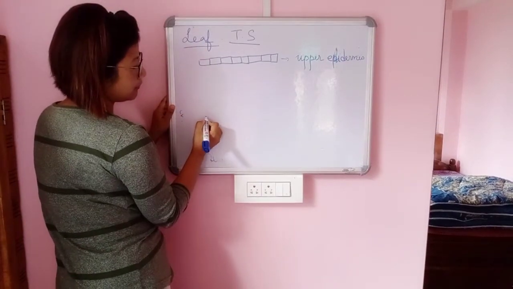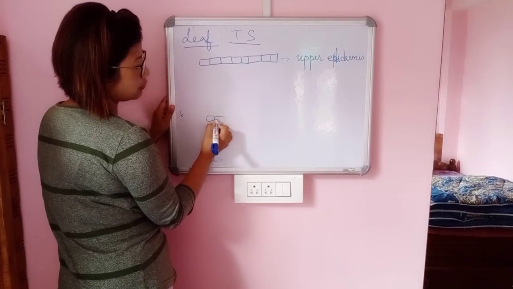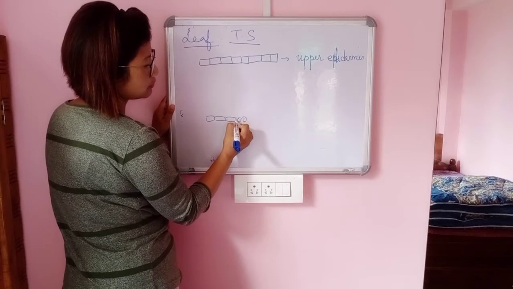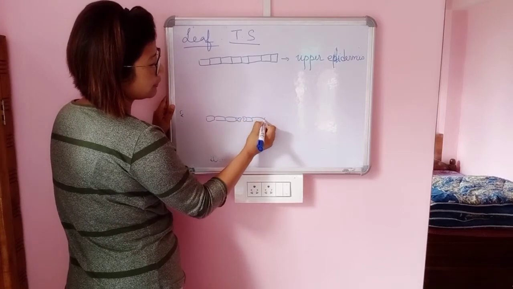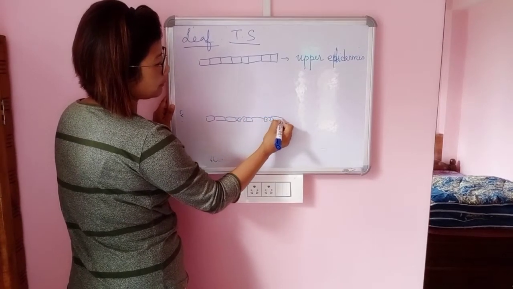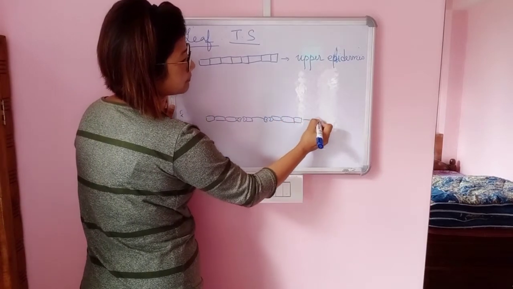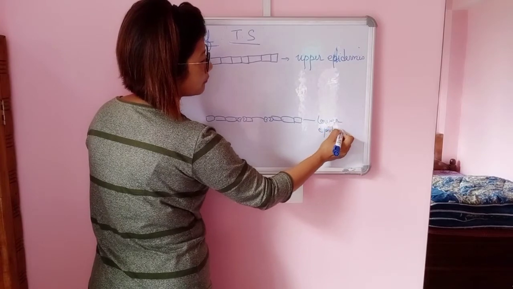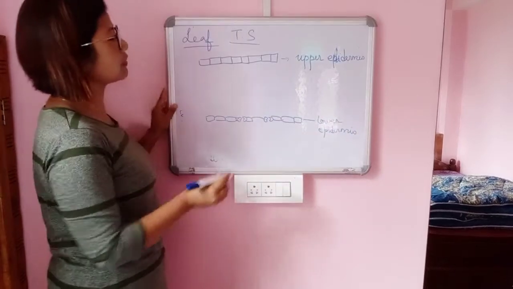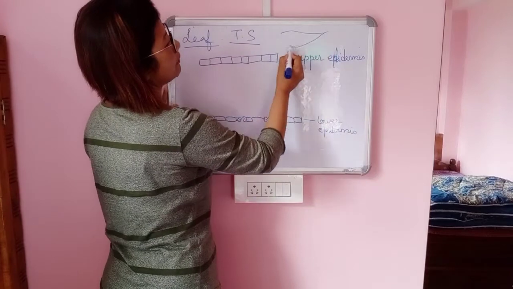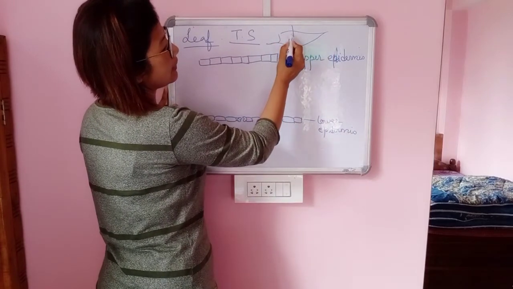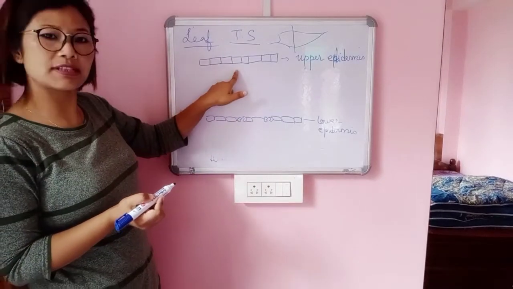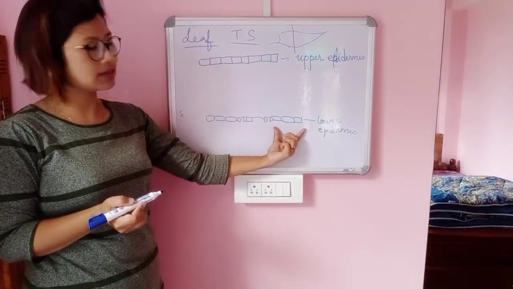Okay, and they have cells like that only in the lower part also. This is called lower epidermis. If you cut the leaf and see this part under the microscope, you see the upper epidermis cell and the lower epidermis cell.